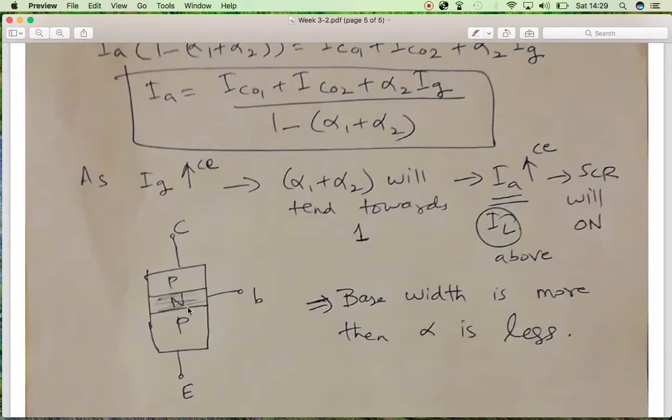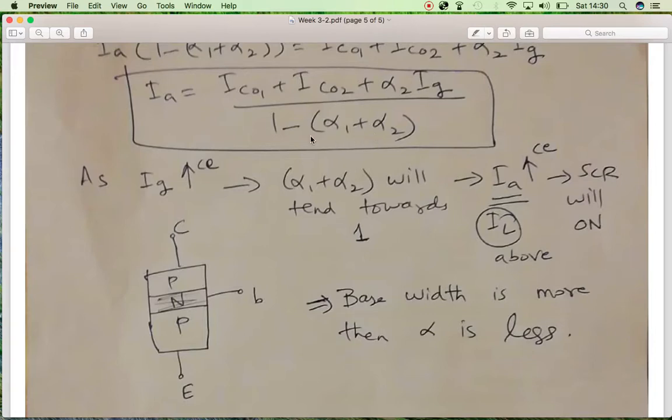we can see over here that if we have a PNP transistor, this is the base of the PNP transistor, and when IG is increased, this base is decreased, and when this base is decreased, the alpha values will increase. The maximum value of alpha is towards 1.